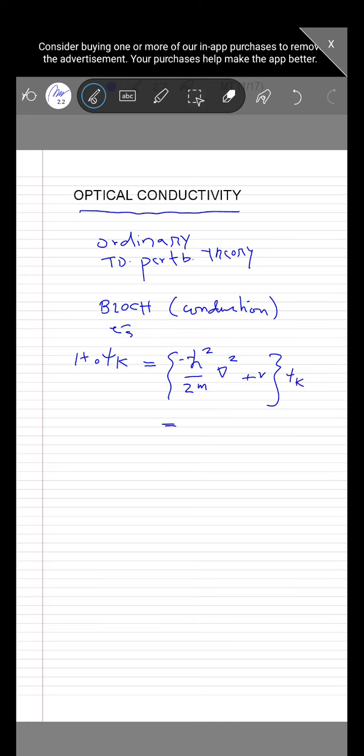Now we add a weak vector potential A characterizing the radiation field.